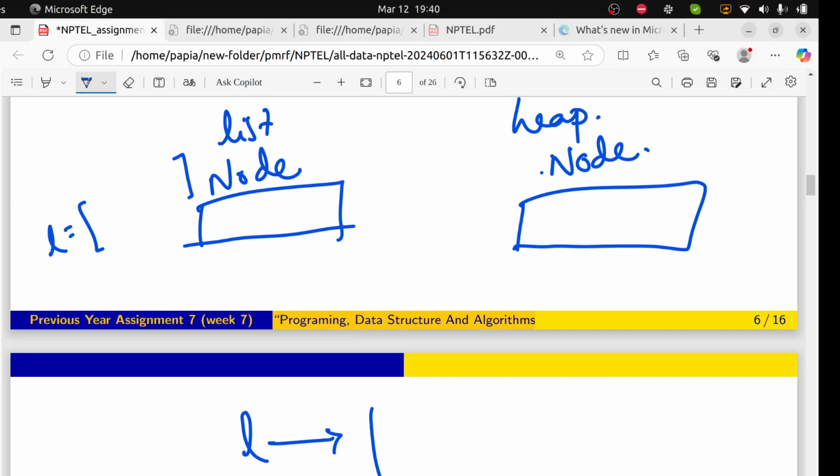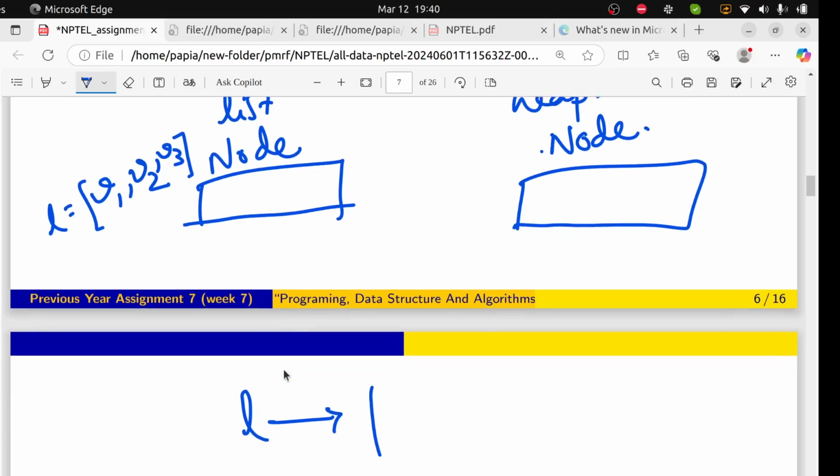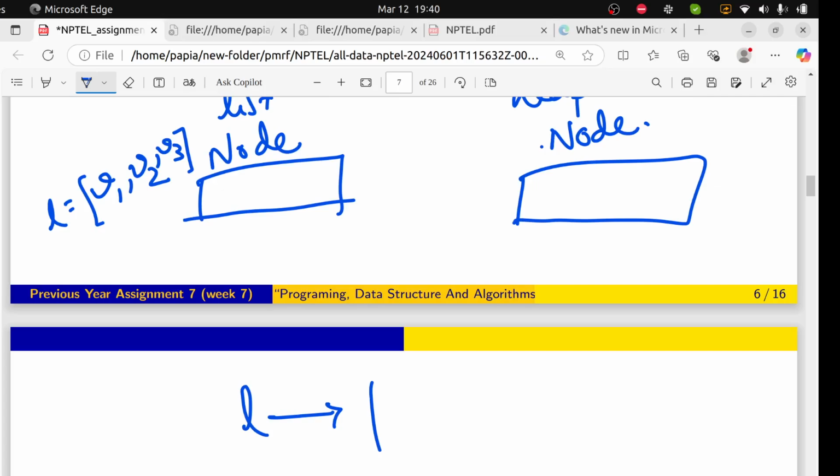What was the pictorial form of that node? If I have V1, V2, V3, maybe I write the same thing whatever sir was discussing there, just to remind you more clearly. So here, if I have L, can you remember this type of diagram?